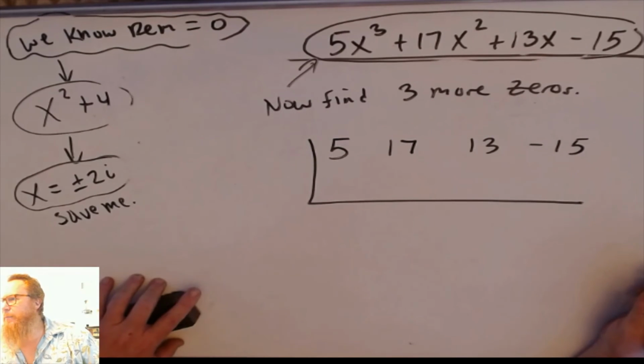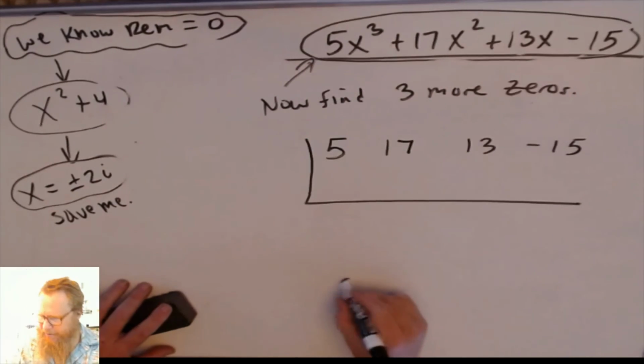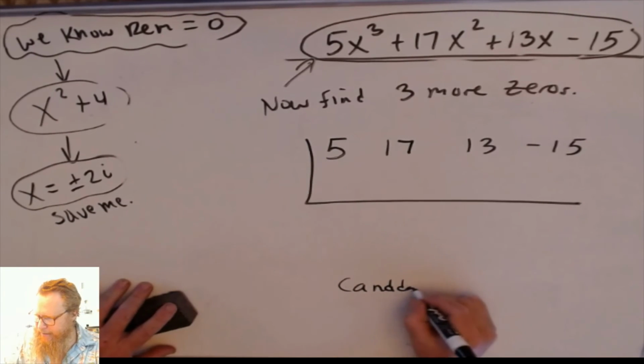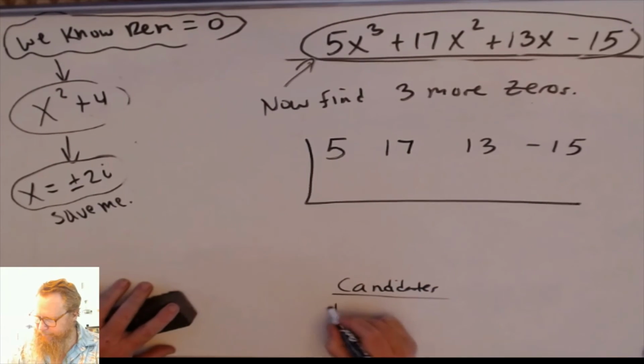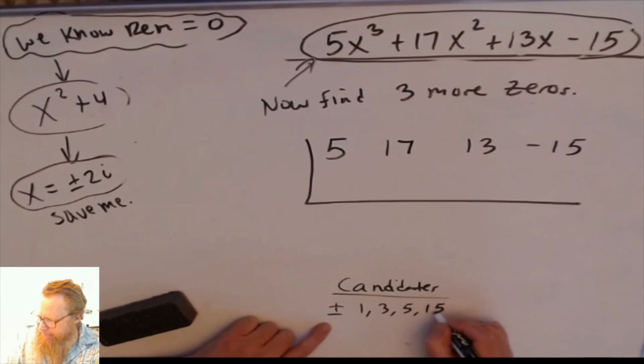My possible factors are factors of 15 divided by 5. So these are my candidates. So 1, 3, 5, 15 divided by 1 and 5.